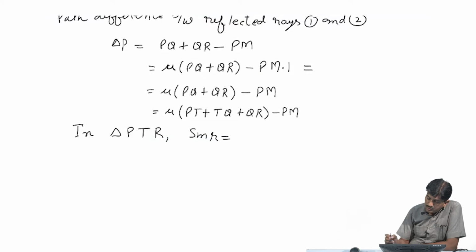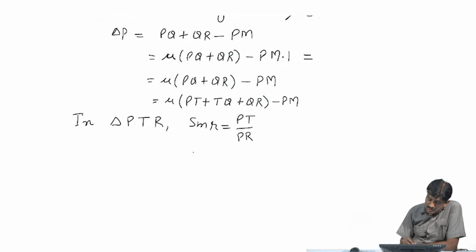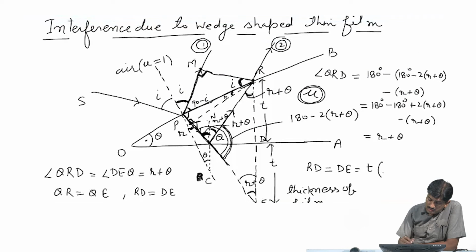Similarly, in triangle PMR, this is PM, this is MR. In triangle PMR, sin I should be equal to PM upon PR.